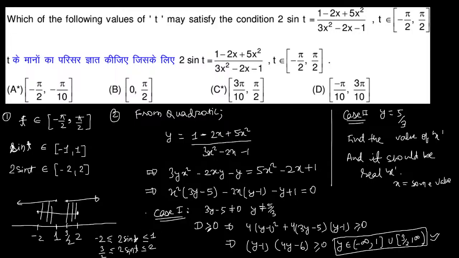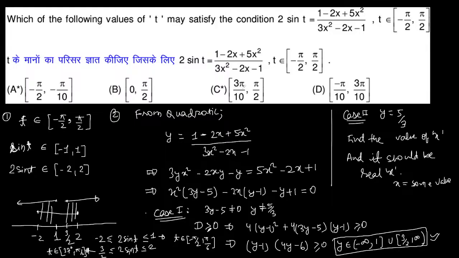So it is minus 1 to 1 by 2. Minus 1 is minus pi by 2 and 1 by 2 is 30 degree. So we can say from here that t belongs to minus pi by 2 to pi by 6, and from here we can say that t belongs to, 3 by 4 is what, 37 degree, 37 degree to 90 degree.